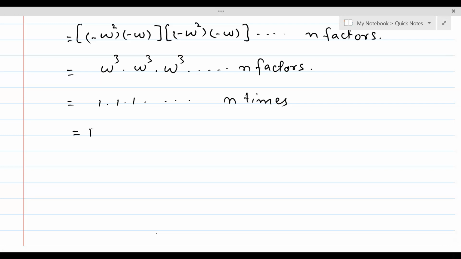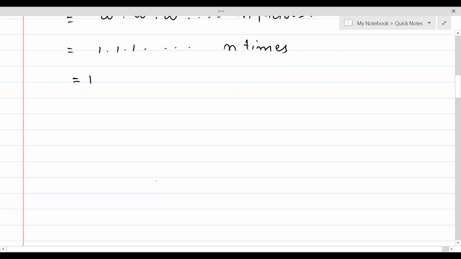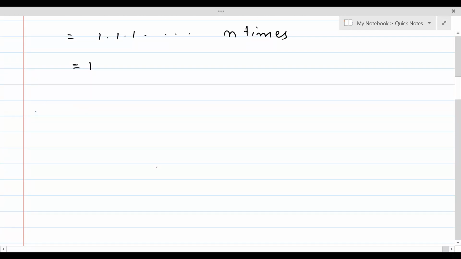Let's try to solve question number 2, which requires finding the complex cube roots of -1. So, let x represent the cube roots of -1.